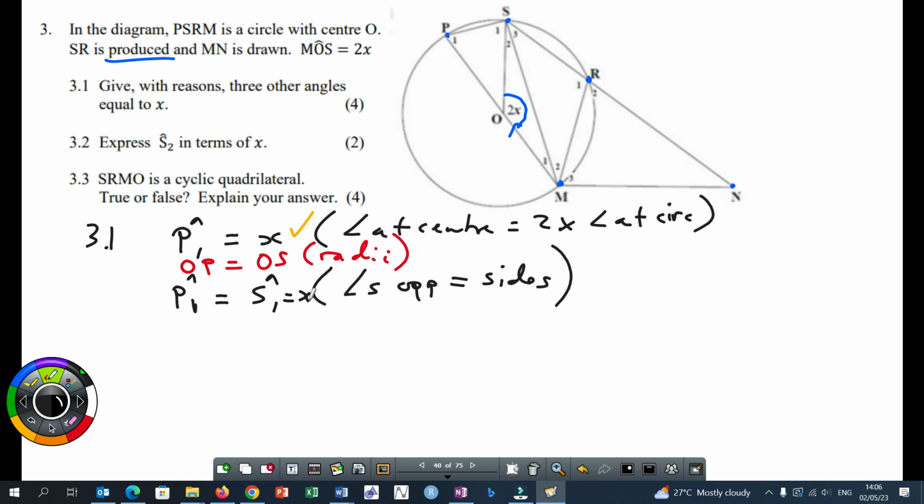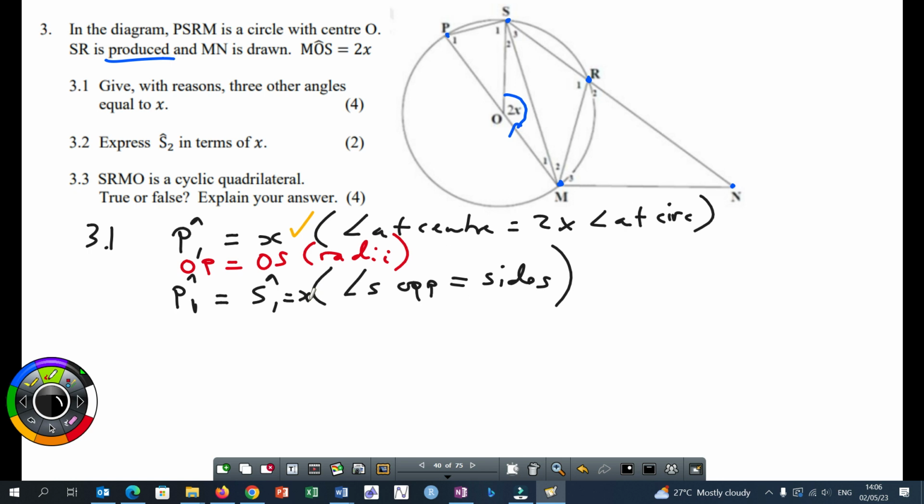Just state an exterior angle of a cyclic quad. Can you not say P1 is equal to R1? P1 is not equal to R1, but P1 plus R1 adds up to 180.